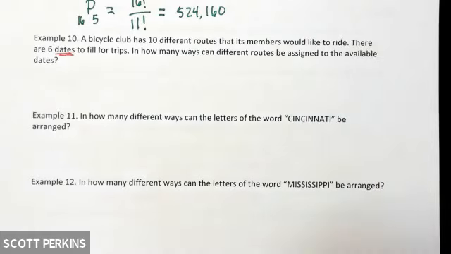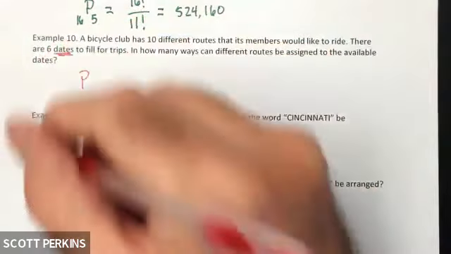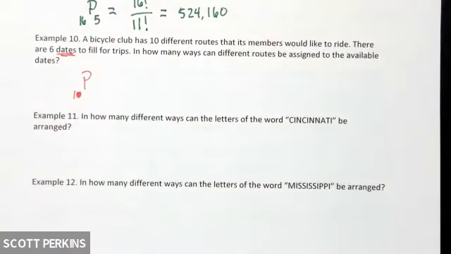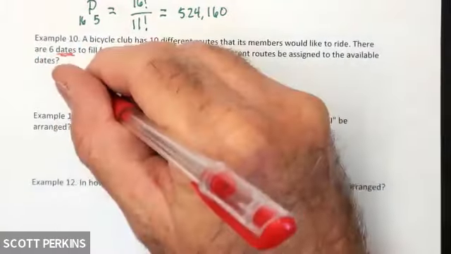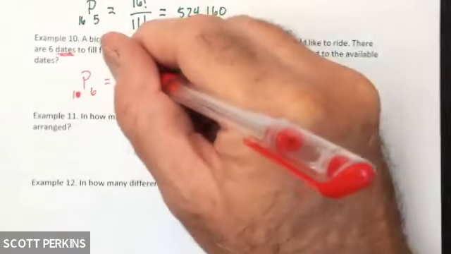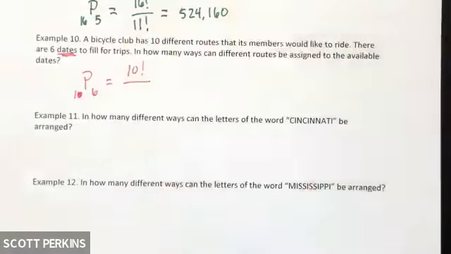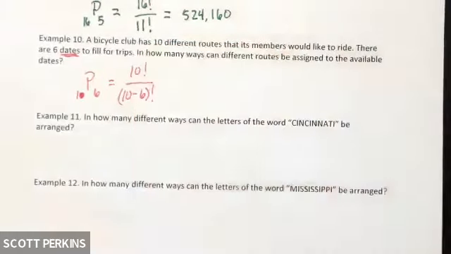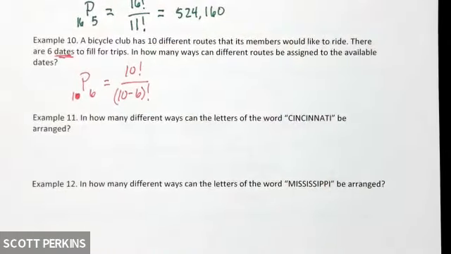So once you determine this is a permutation problem, I have 10 objects. I've got 10 routes. Let me do it a little better. I've got 10 objects. I'm picking 6 of them. So that's 10 factorial over 10 minus 6, or you could write 4 factorial here. I'm just alternating so that we don't get into a rut.